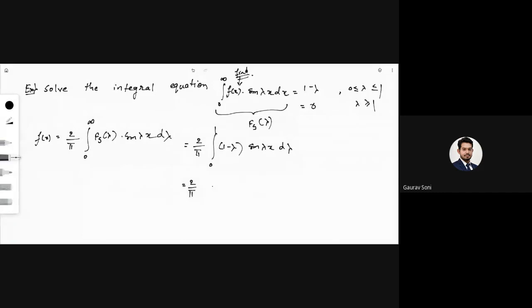Integrating using the generalized UV rule: 1 minus lambda as it is, integration of sin lambda x is minus cos lambda x divided by x, minus derivative of 1 minus lambda, which is minus 1, integration of minus cos lambda x is minus sin lambda x by x square, limits from 0 to 1.